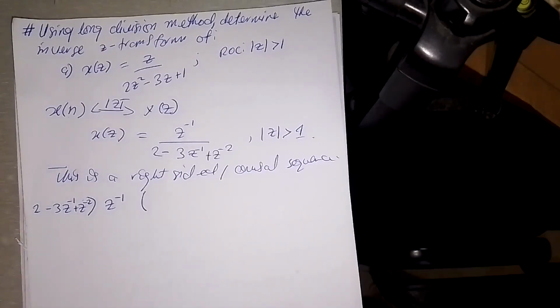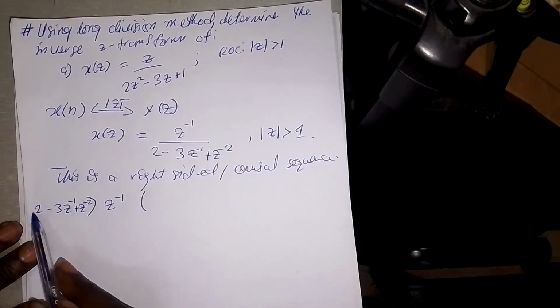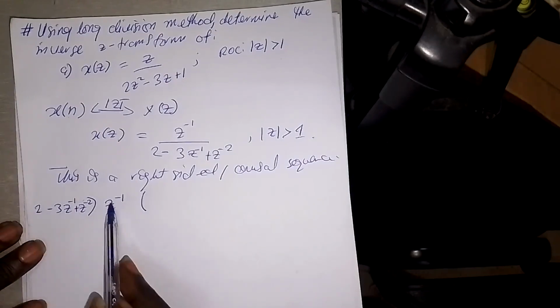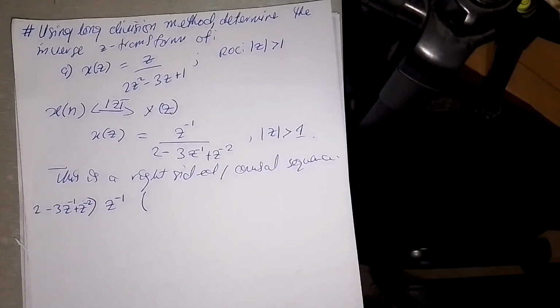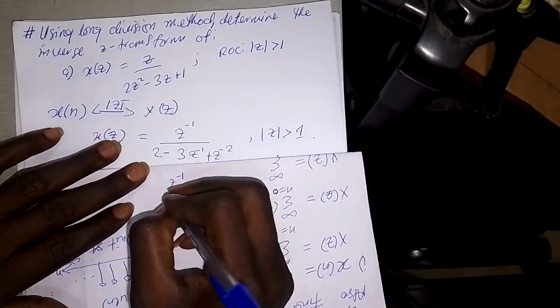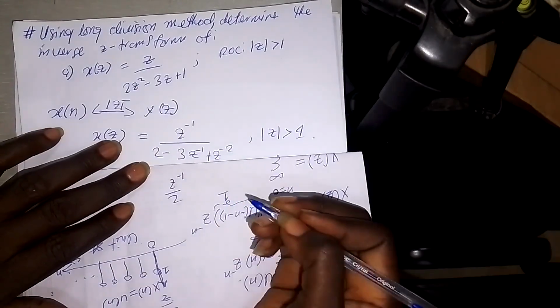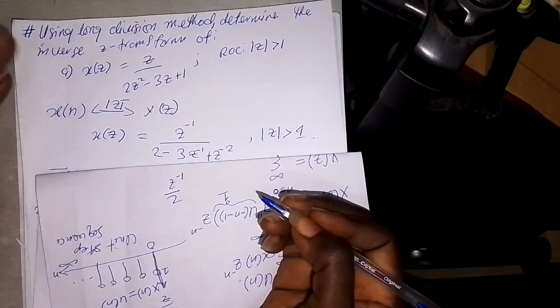In this division, what you should actually know is that we are supposed to find a number such that if we multiply by this, we will get this. Or if this one divides this, what do we get? Simply, that is what it means. So now here you can have z exponent minus 1 over 2.